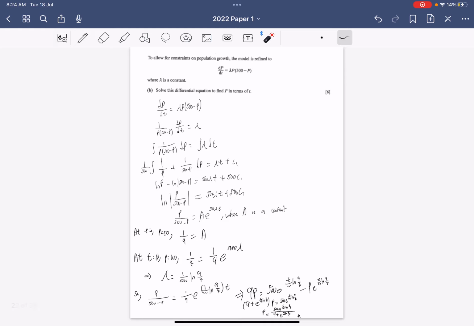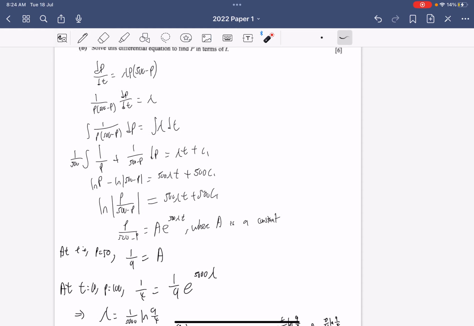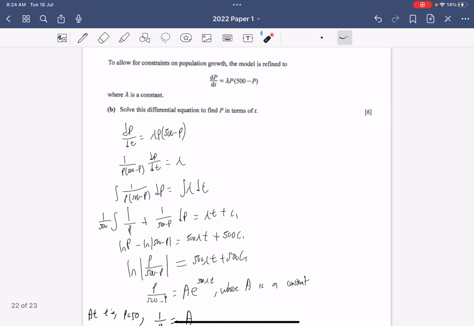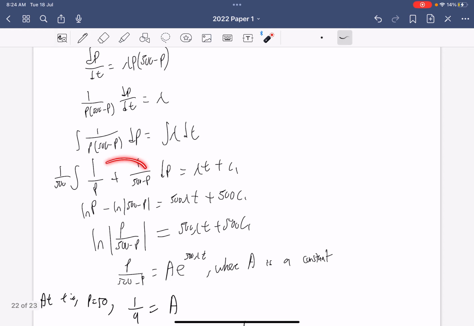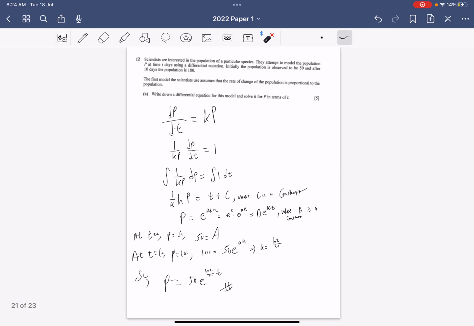And for the second part, they give you another model, and again, you just need to solve it. So with this, you just divide by P and (500 minus P). Do the same thing, integrating with respect to t. You get this as the following result. You expand out the partial fractions here, and you should get the following here. In this case now, you must remember to add the modulus here, since there's a modulus when you integrate 1 over something, giving ln modulus.